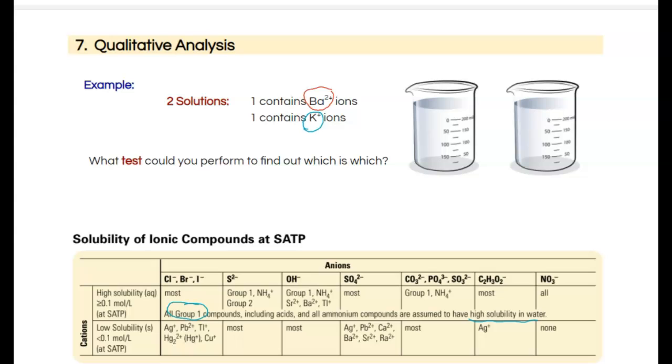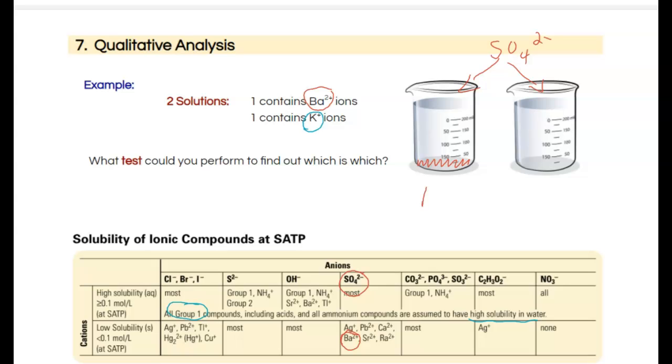So I am perusing, and I'm noticing that when I look here, I can see that barium is insoluble with sulfate. So I would say, I'm going to add some kind of compound that contains sulfate to both of those. One of them is going to precipitate out, and one of them is not going to form a precipitate.